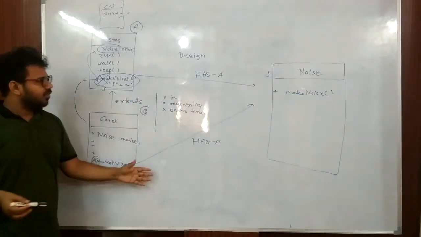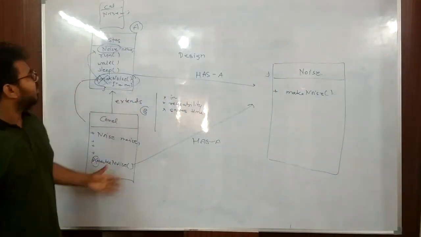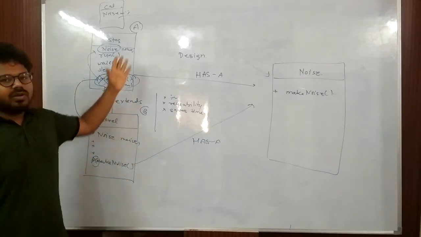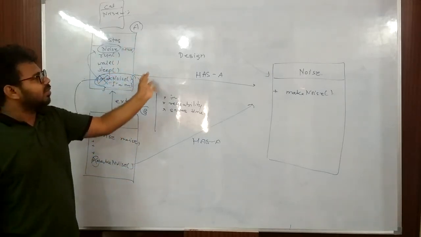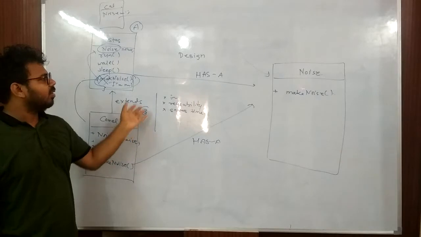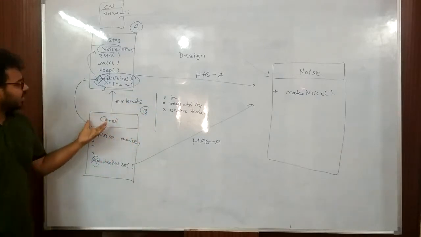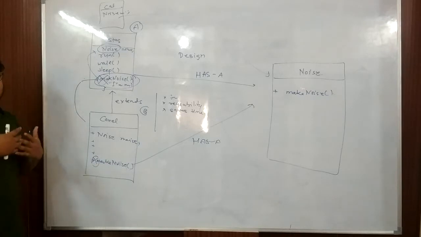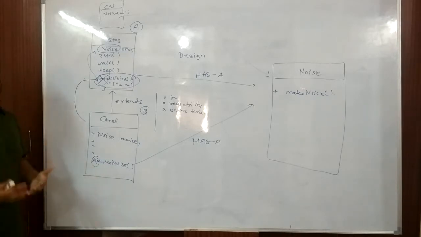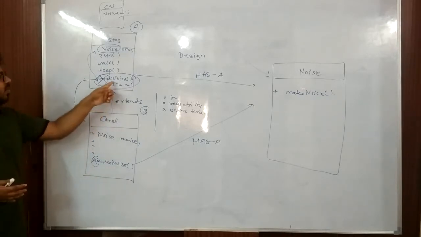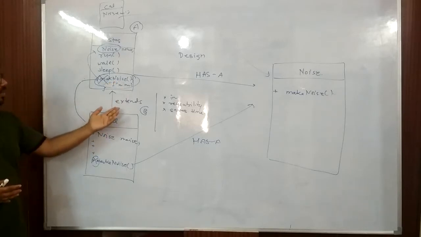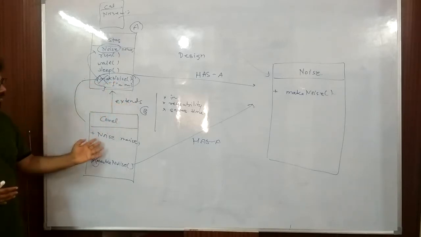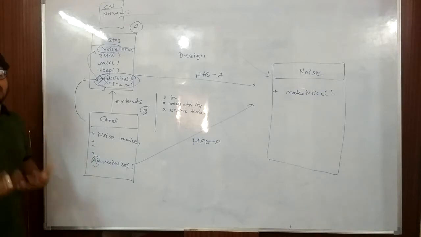So now I think you got the concept of when we are using inheritance and when we are abusing it. If you directly extend, we are misusing inheritance. Just for one method we are writing the extends keyword. It works, but it is not a proper design.